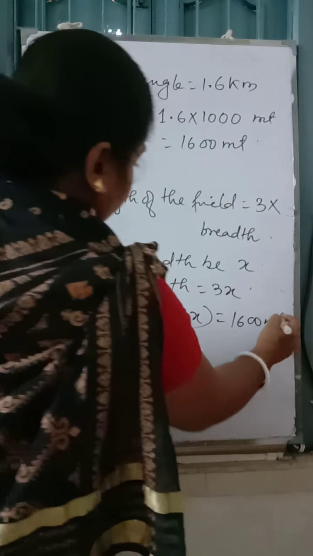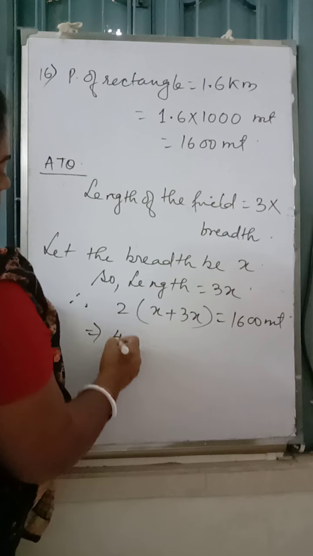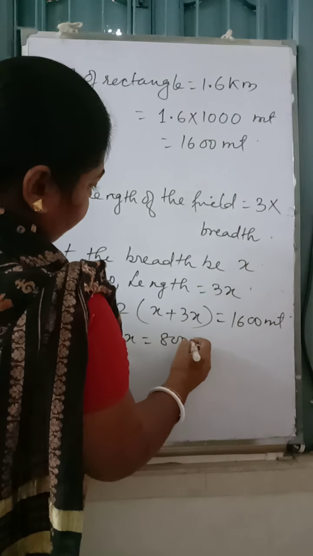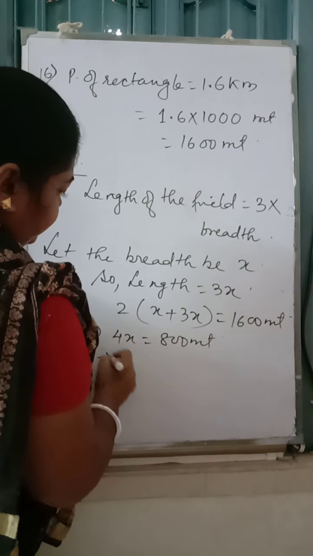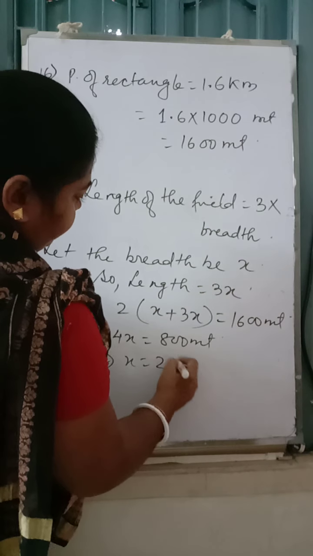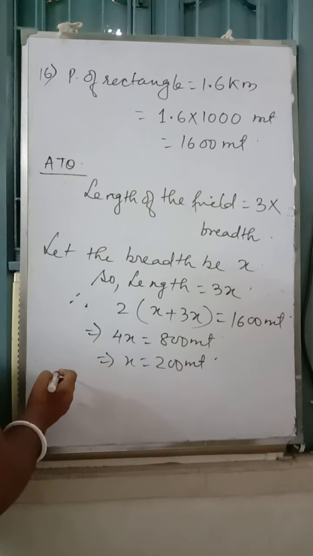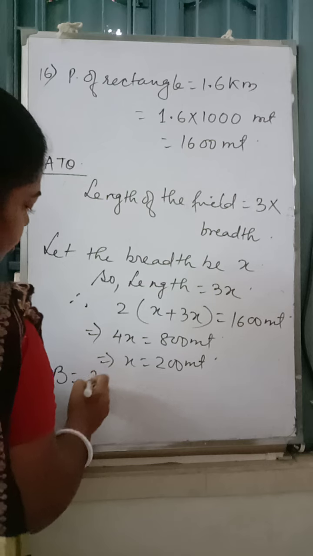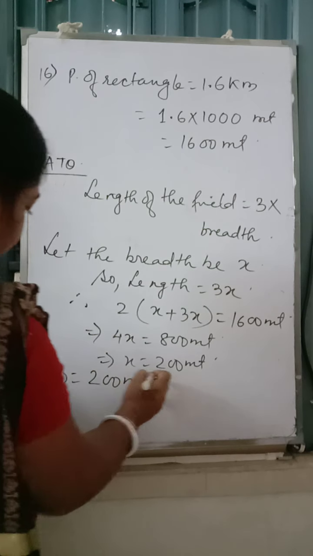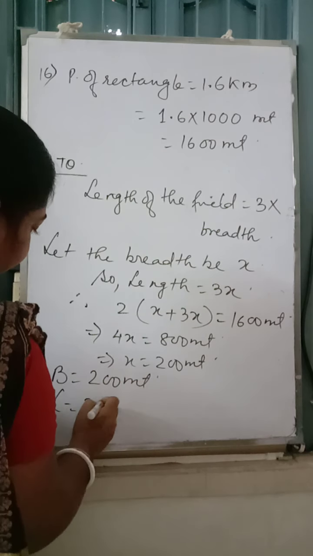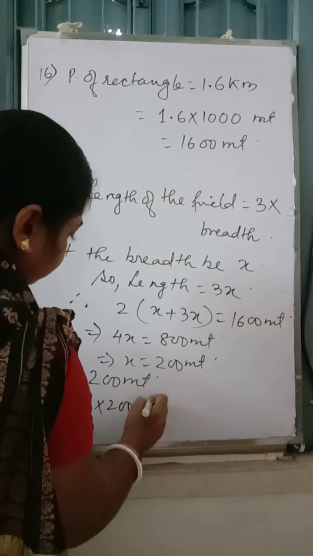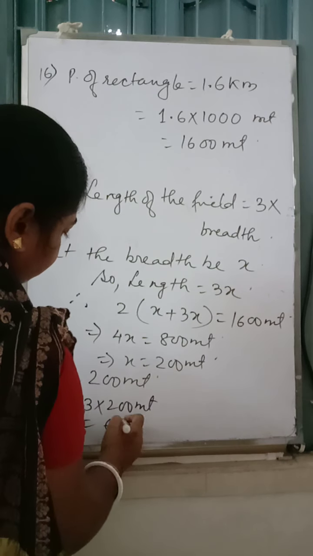Or 4x is equal to 800 meter, or x is equal to 200 meters. So the breadth is 200 meter, the length is 3 into 200 meters, or 600 meters.